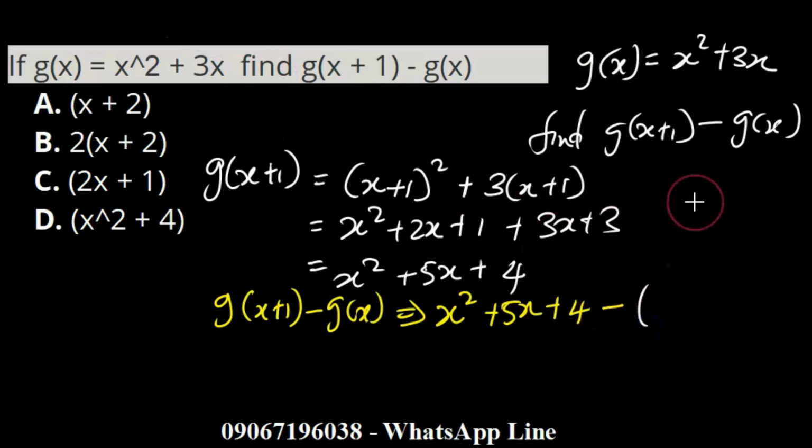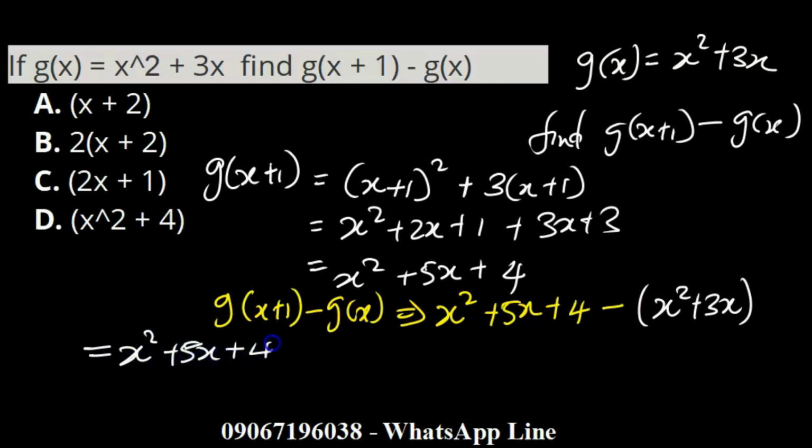Don't forget to put a minus sign. g of x is already given here as x squared plus 3x. So let's open this bracket. It's going to give us x squared plus 5x plus 4 minus x squared and then minus 3x.